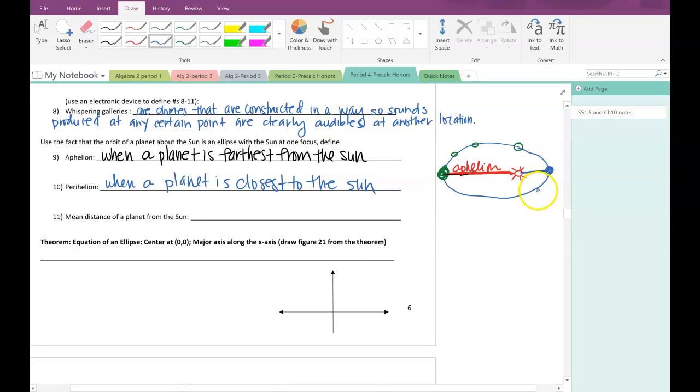It's not drawn to scale, so do not hold my ellipse to that. But when it's at the two vertices is really where we're measuring it to the sun, okay? I can't draw to scale by hand. So this blue distance from the sun to vertex number 2 here is perihelion. So I'm going to spell it right here.